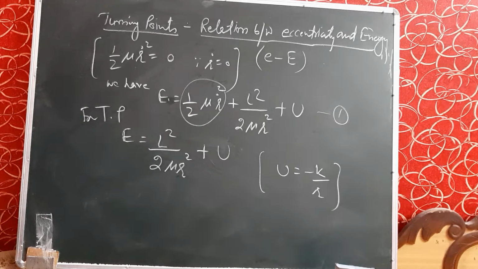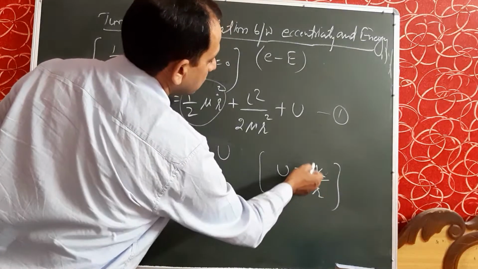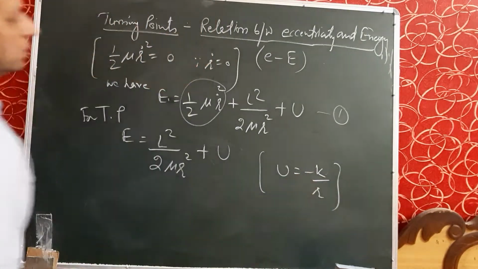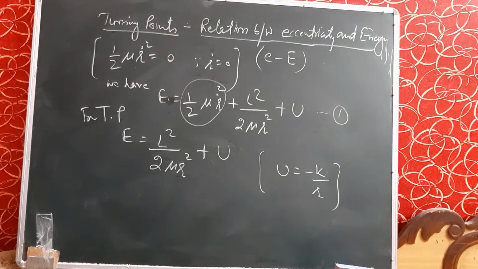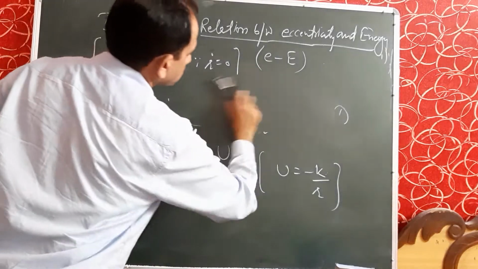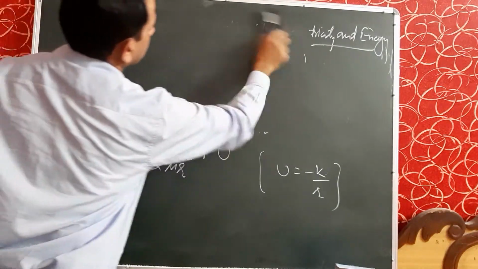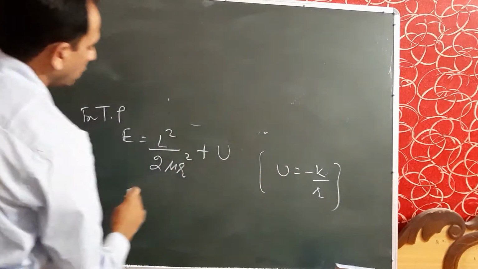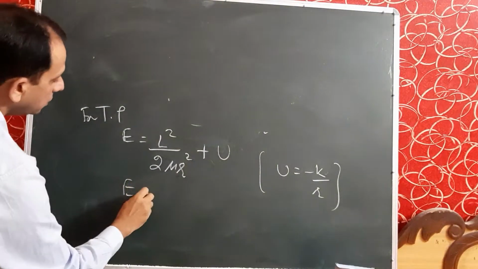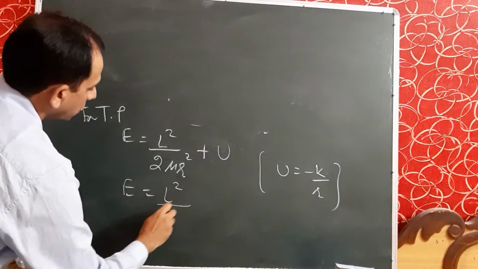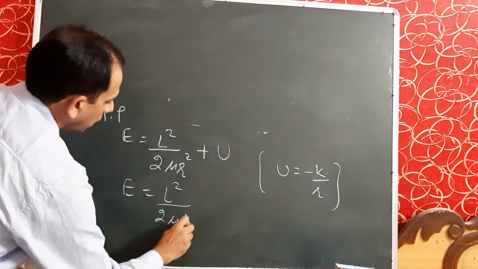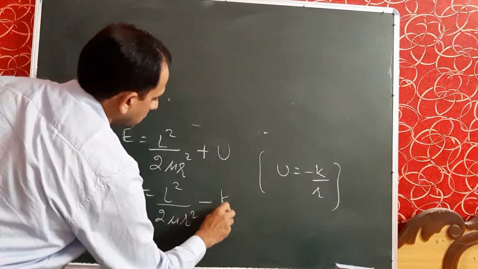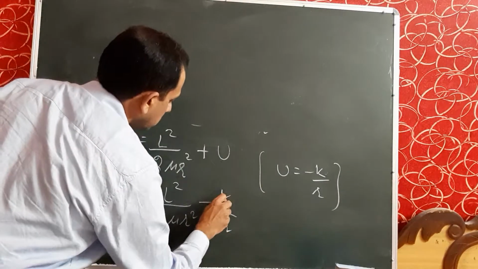That constant is written as k, and the negative sign shows the attractive energy. So, we write u as minus k by r, and it becomes E equals L square upon 2 mu r square minus k by r.